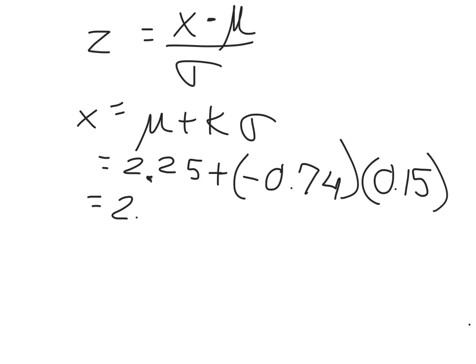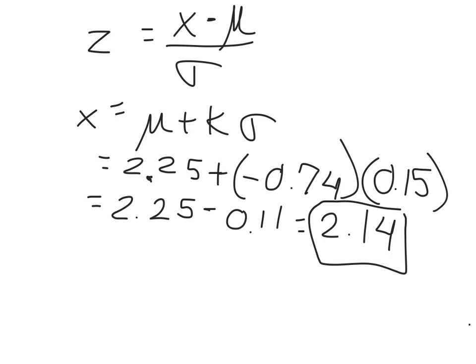So we have 2.25 minus 0.11, and that's going to give me 2.14, which is what I expected. Okay? So that means that 77 percent will contain at least that value, the 2.14. Okay. All right.